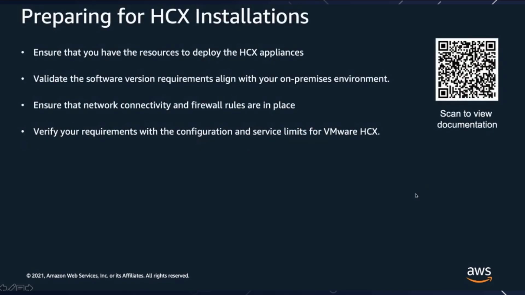First, we have to make sure that we go through all of the preparation steps, including verifying the resources are available in the on-premises environment to deploy the HCX appliances, validating the software version requirements align with the on-premises environment that you have and the feature set that you're looking for, ensuring that the network connectivity and firewall rules are in place, and also making sure that the requirements that you have meet the service limits and the configuration maximums for VMware HCX. You can scan the QR code on the right-hand side to access the documentation.